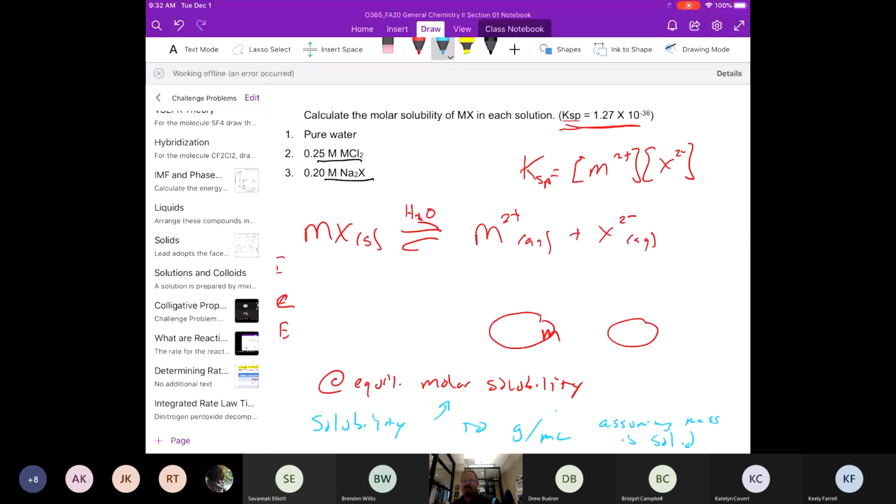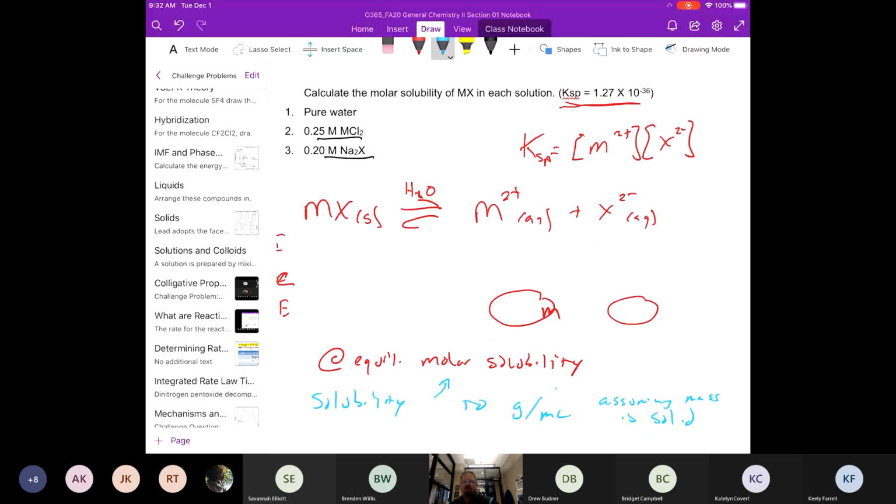So we're going to convert from moles per liter to grams per milliliter, assuming that the mass we're talking about is related to the whole mass that's dissolved. So we're going to use the molar mass of that substance when we calculate solubility.